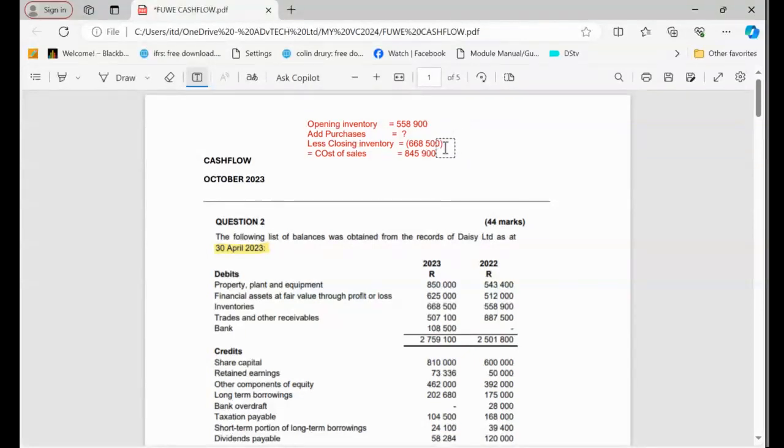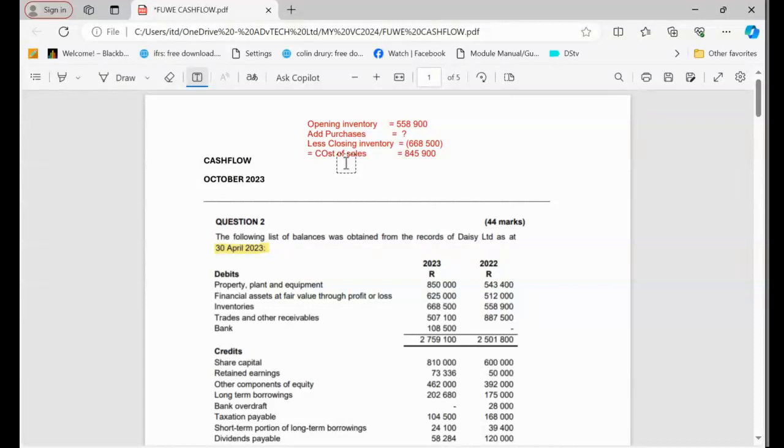So usually they give us the first three and they normally say you must find the cost of sales. But now we want purchases. So how can we do that? Normally we come from up there. We say 558 plus purchases minus closing, we get the cost of sales.